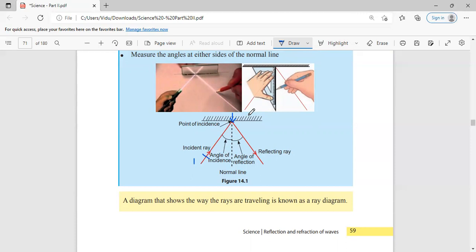The ray that reflects away from the mirror is known as the reflecting ray. Here comes the incident ray first and the point of incidence where the incident ray contacts the mirror. Then the ray that reflects away from the mirror is known as the reflecting ray. You can see this line also, it's going away.